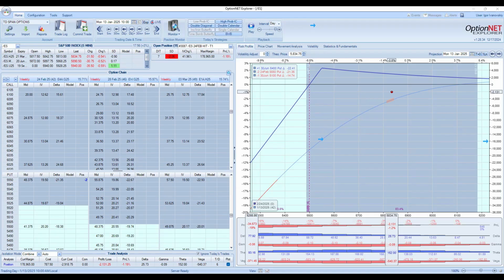Now, I want to address something real quick. Sometimes I get questions like, hey, where do you stop on the short strike or on the naked puts? Is it 2x credit, something like that?